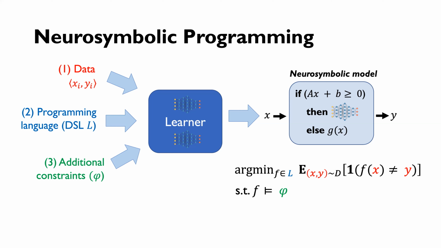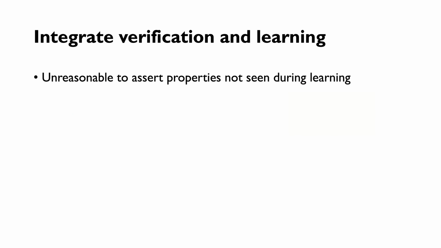These constraints could be, for example, invariance or reachability properties or robustness properties, and in full generality, temporal logic properties. So what I'll show you very briefly now is how you could imagine incorporating these kinds of additional constraints into the learning process.